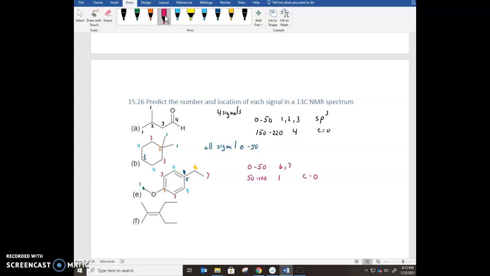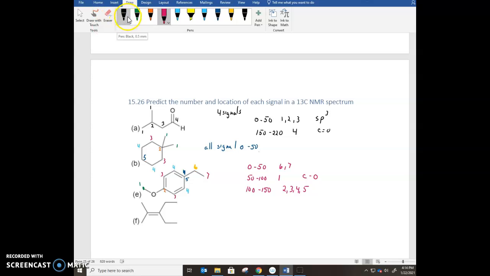And between 100 and 150, that's where we get our sp2s, and we've got a lot of sp2s. We've got 2 and 3 and 4 and 5. All the ones that are on that ring.